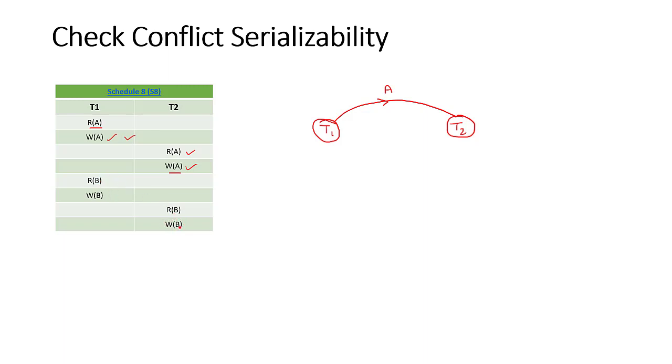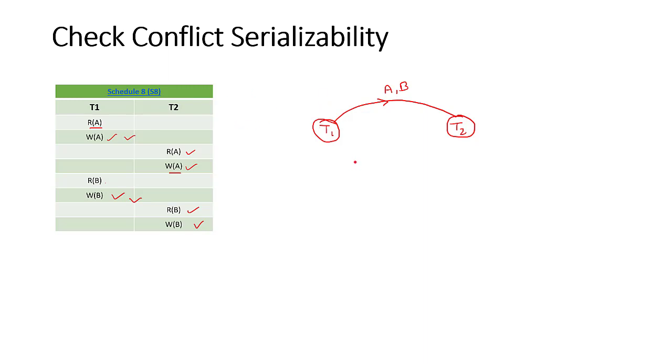So there will be another edge from T1 to T2 only, but here the data item is V. Now for this operation and this operation, there will be an edge from T1 to T2. So you can clearly see that there is no edge from T2 to T1. So the graph is not cyclic. So we can say that schedule 8, which is similar to schedule 3, is a conflict serializable schedule.